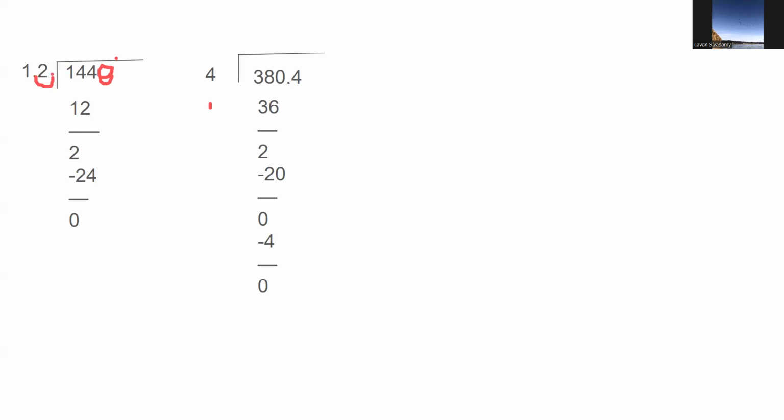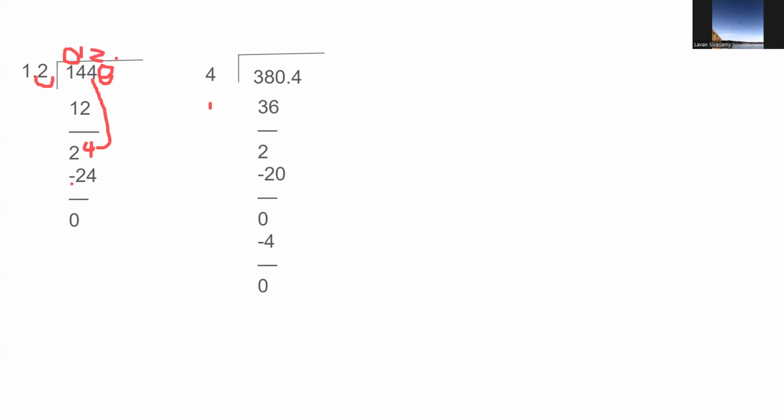Okay, so now we can divide as normal. So we have 1, we can't do that, so that's 0. Then we have 14 divided by 12, which is 1. And then we have 12 here, so that's 2. And then we're going to bring down this 4 right here, so that's 4. Then 12 can go into 24 2 times, so that's 2 right there.